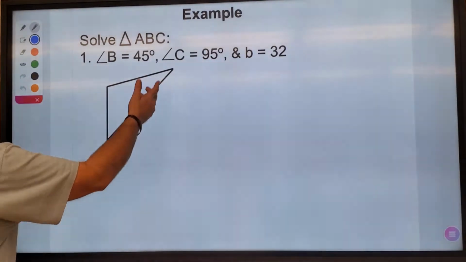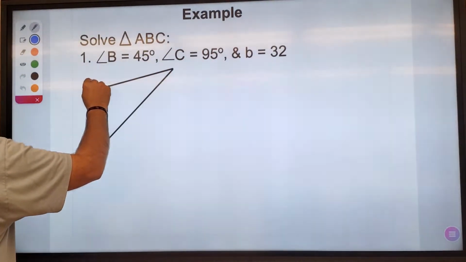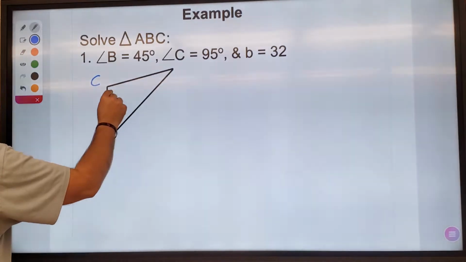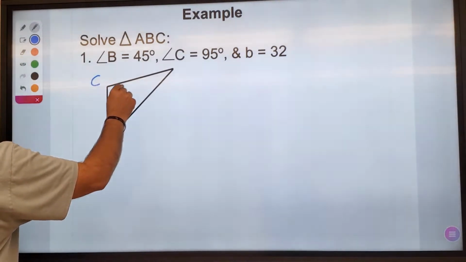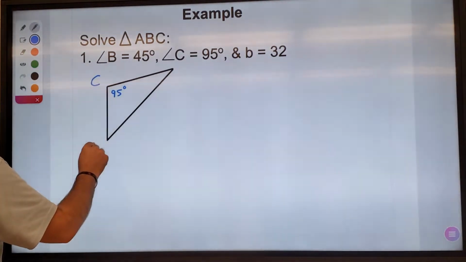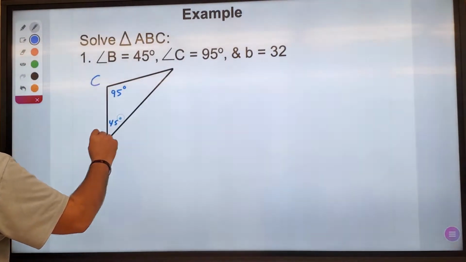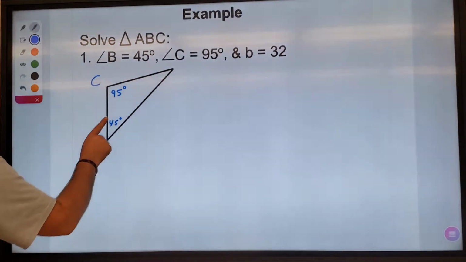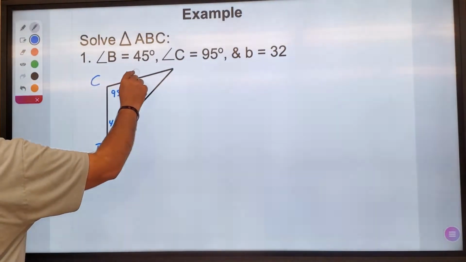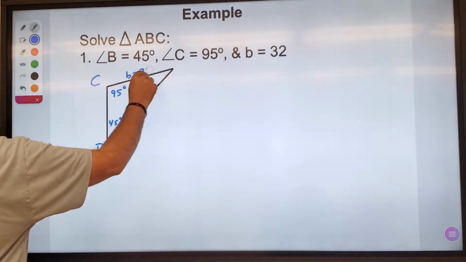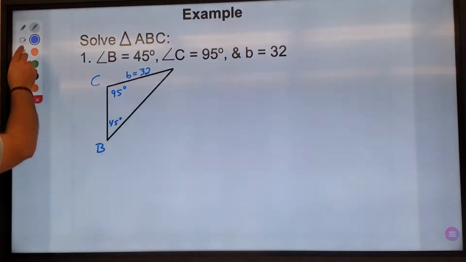I would go with the 95 degrees being here. So this is angle C, 95 degrees. We can call this angle B. This is 45 degrees. And side B is still opposite of angle B. So that part doesn't change with a non-right triangle.